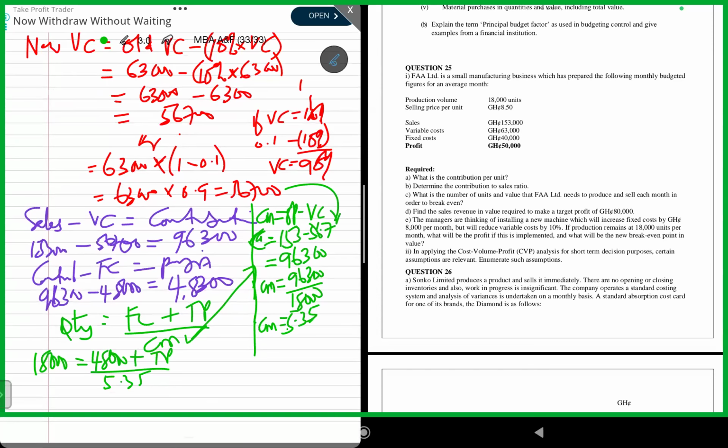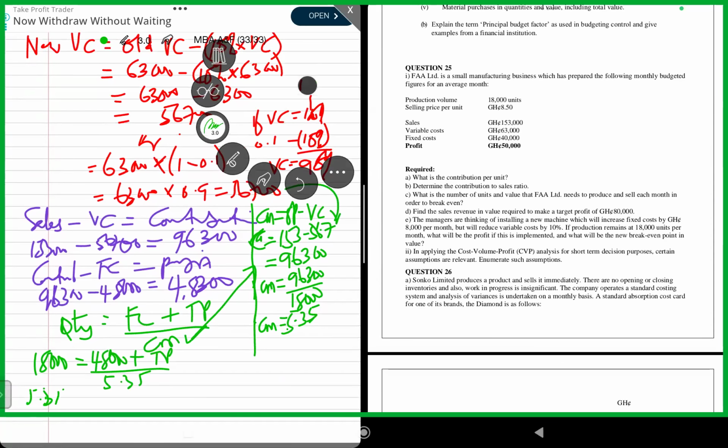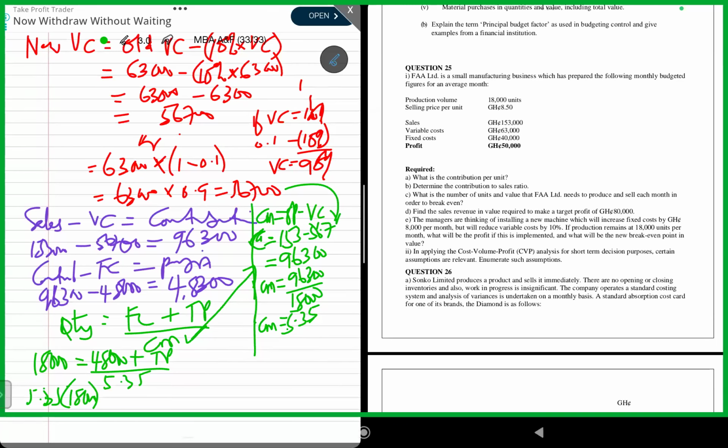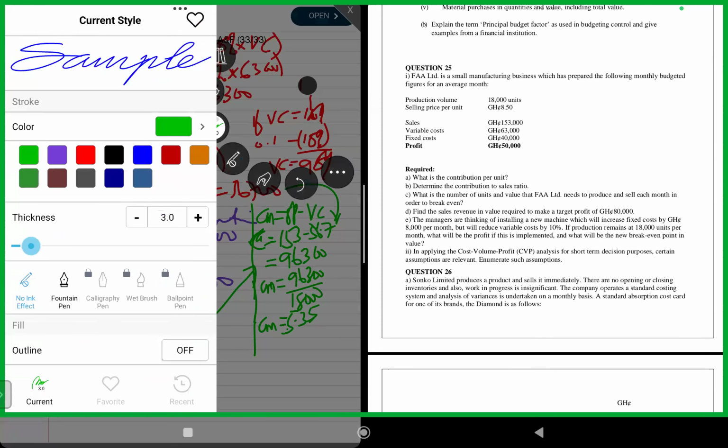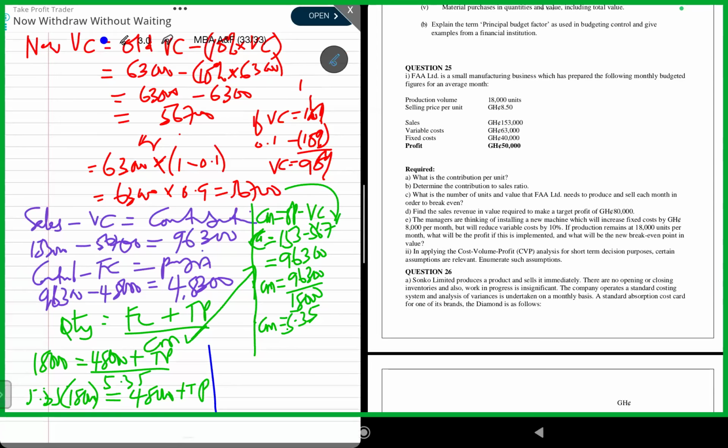So we're going to have 5.35 multiplied by 18,000 equals 48,000 plus the target profits. So 5.35 times 18,000, what do we have? 96,300.